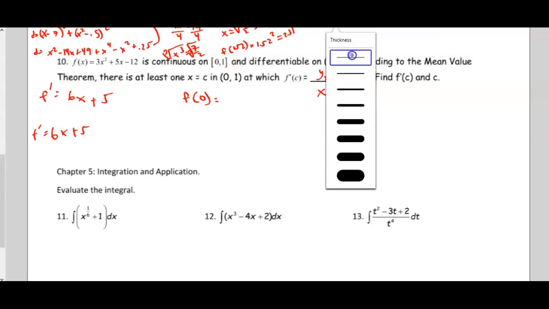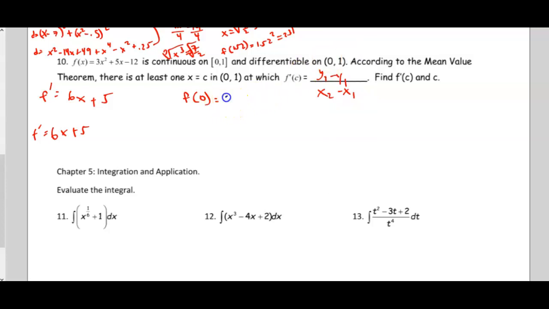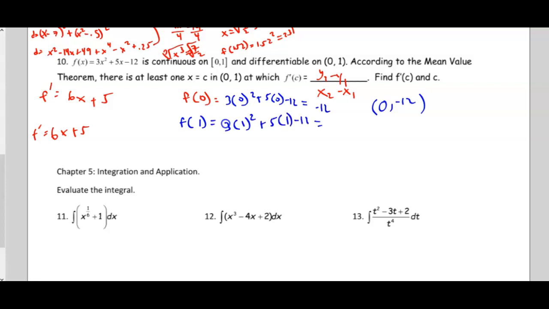So let's plug it in right here. 3 times 0 squared plus 5 times 0 minus 12 is negative 12. So we got (0, negative 12). And then we got f of 1. 3 times 1 squared plus 5 times 1 minus 12. 3, 5, 8. 8 minus 12 is negative 4. So we got (1, negative 4).